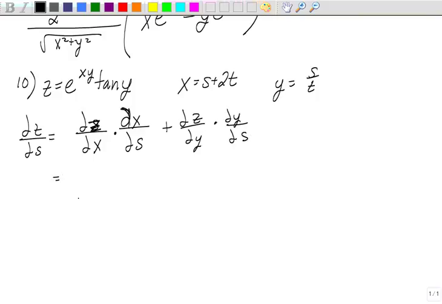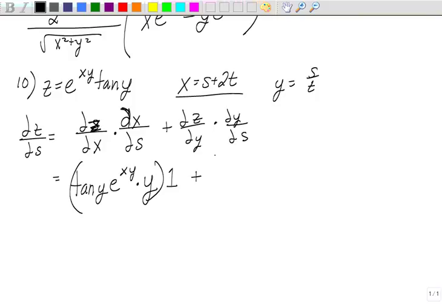So the derivative of z with respect to x, that means y is a constant. So tangent y is just a constant. E is itself times the derivative of the exponent, but y is a constant, so it's just y. Dx/ds is the derivative of this with respect to s, and that's just 1.